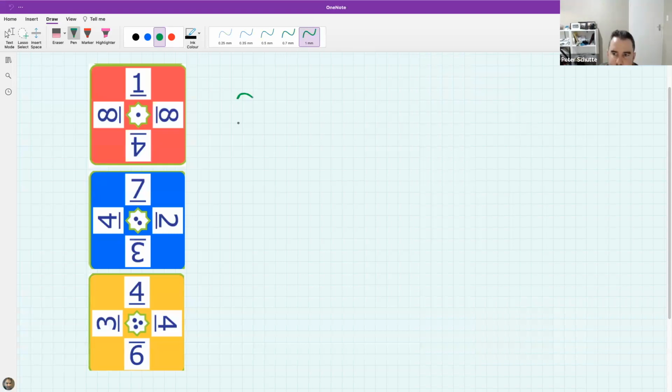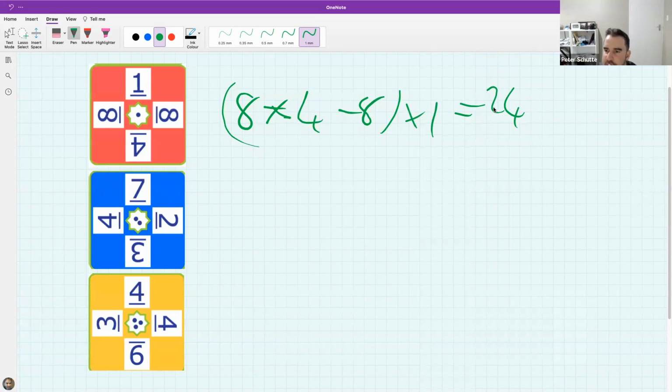said 8 times 4 minus 8 times 1, which is indeed 24. And Kayleen also gets that. Kitso and Tati have put answers forward for the yellow and the blue. Oh, it's yellow, sorry. So yellow, 9 minus 4 divided by 4.